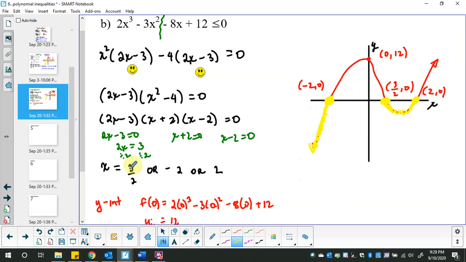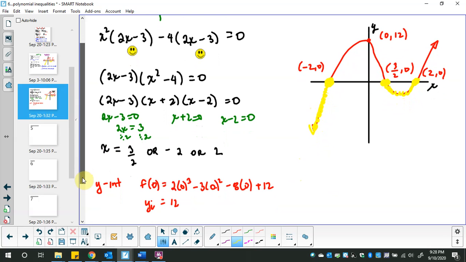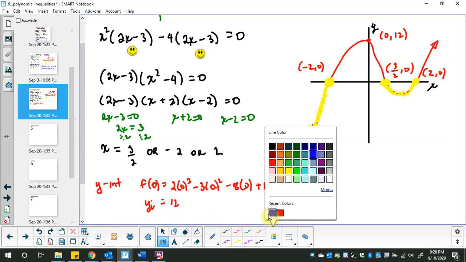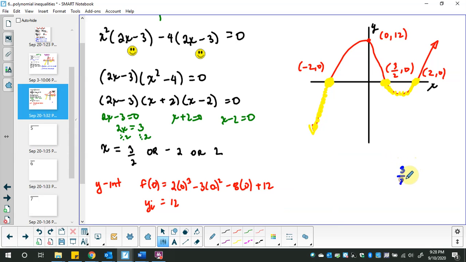So now I need to make either my high school or my university, my set notation or my interval notation statements, because I need a therefore statement. And if you miss the therefore statement, you will only lose 1 or 2 marks. The whole point is showing all your processes, knowing that you can do all this stuff. So the first thing I'm going to do, only because I have space and I don't know how to make this disappear without actually printing here, is I am coloring between 3 over 2 and 2, and I'm also including them, so I need that.